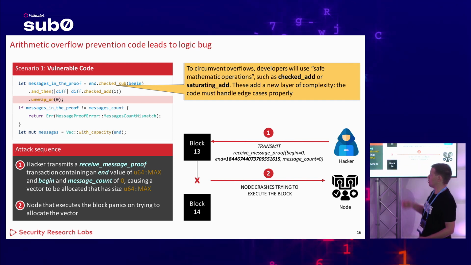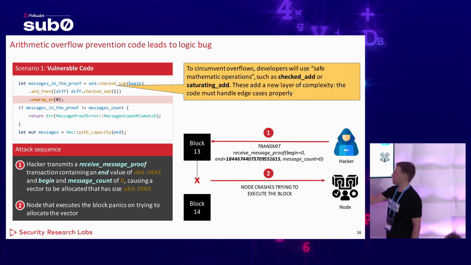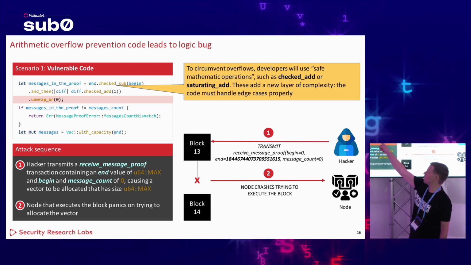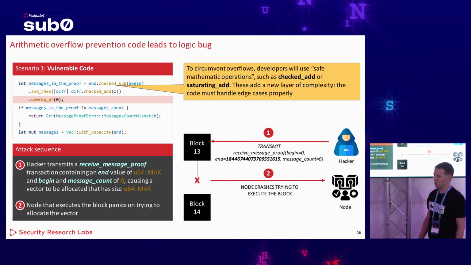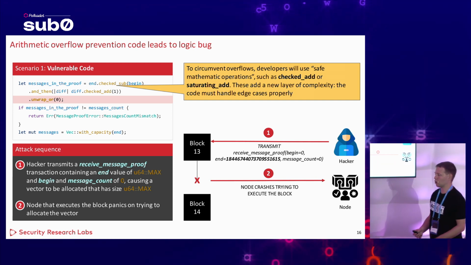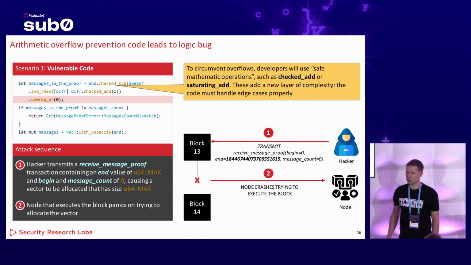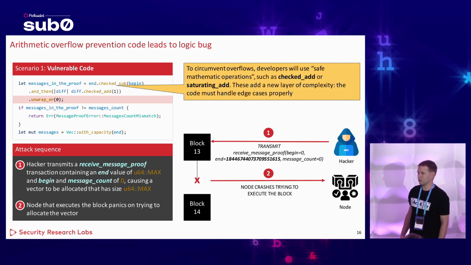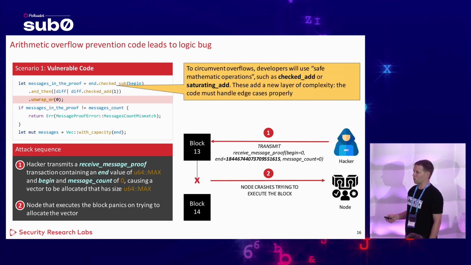And if you actually submit 0 messages, then it will think everything is okay. It will pass this check, and then it will allocate a vector with U64 max as a capacity, which will obviously fail at the memory allocation. It's just too much. So you will basically crash the chain with that. So even if you have checked arithmetic, you have to be very careful about what to do if you have an overflow.